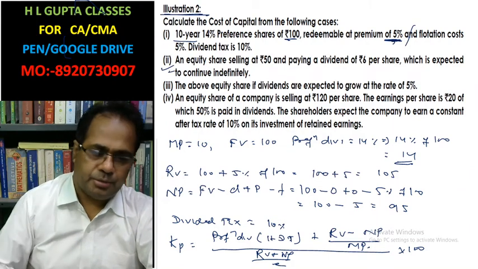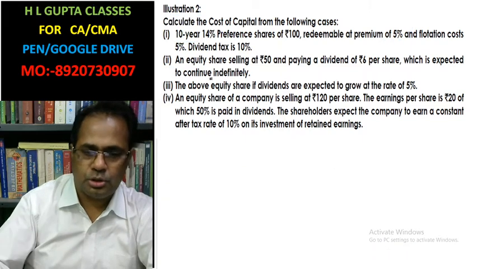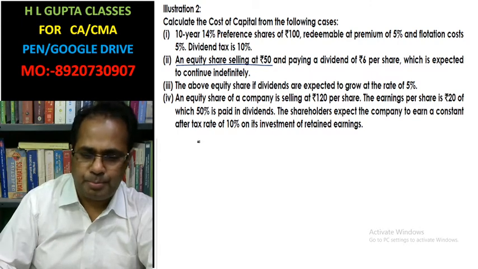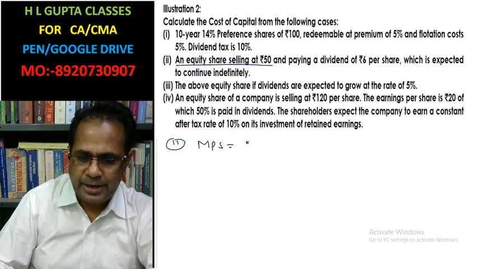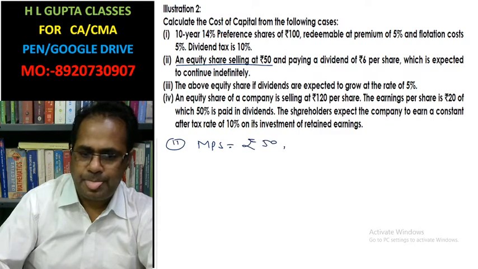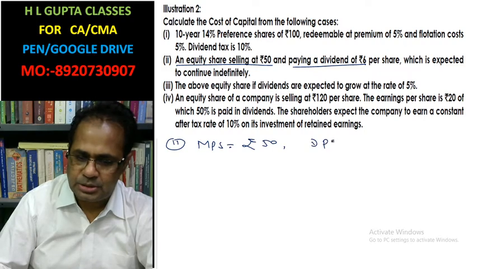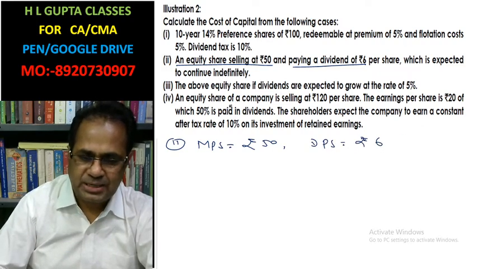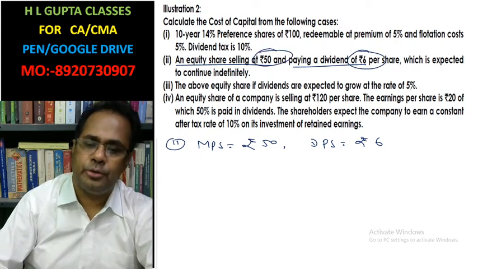Now, in the second part, please look. An equity share is selling at a market price per share of rupees 50, paying a dividend per share of rupees 6. The dividend is expected to continue indefinitely, which means there is no growth.